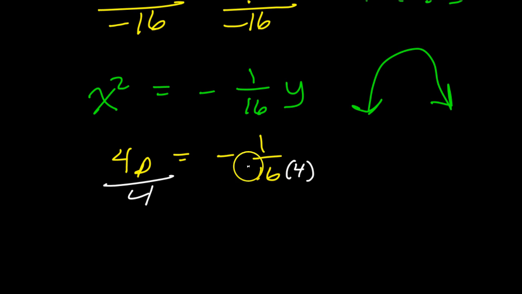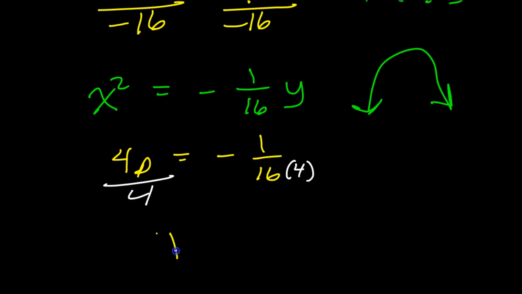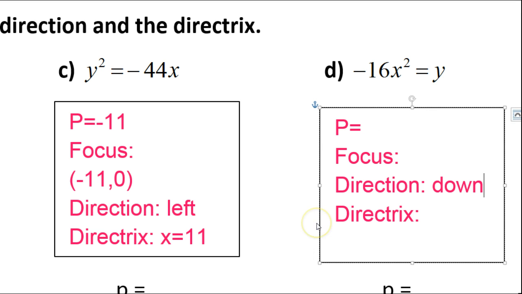So what's 4 times 16? 64. So this is going to be p is equal to negative 1 over 64. Okay, so there's our p-value.